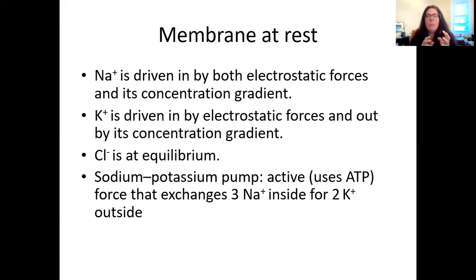So potassium is kept relatively balanced, with the sodium-potassium pump bringing some potassium inside of the cell. The gate's a little open, so some flows out freely. The sodium-potassium pump will bring it right back into the cell. So potassium is pretty much balanced.